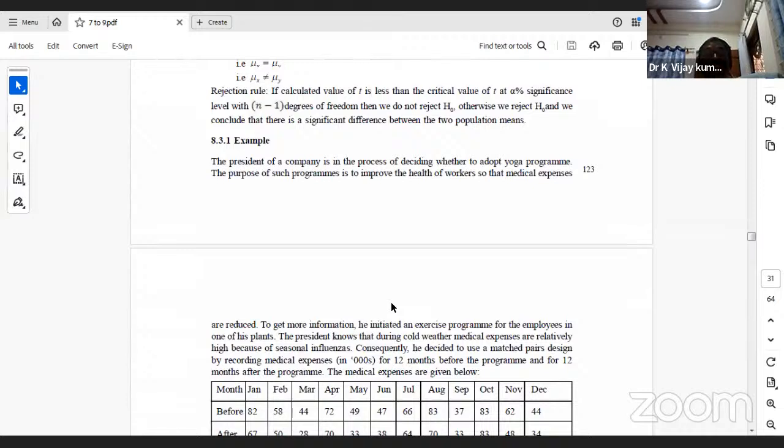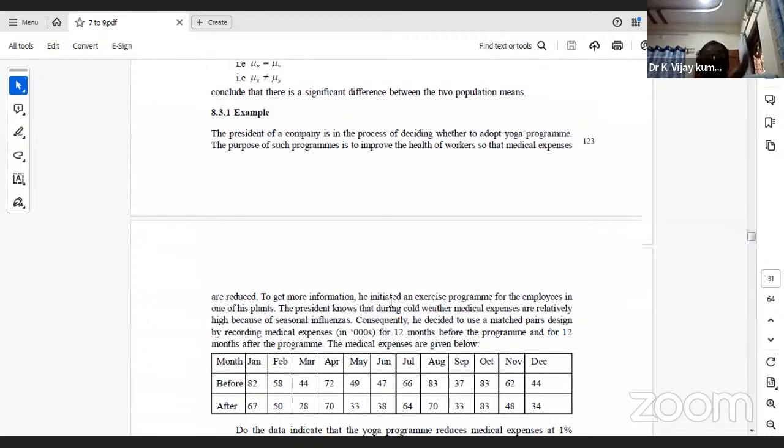The president of a company is in the process of deciding whether to adopt a yoga program. The purpose of such programs is to improve the health of workers so that medical expenses are reduced. To get more information, he initiated an exercise program for the employees of one of his plants. The president knows that during good weather, medical expenses are relatively high because of seasonal influenza.